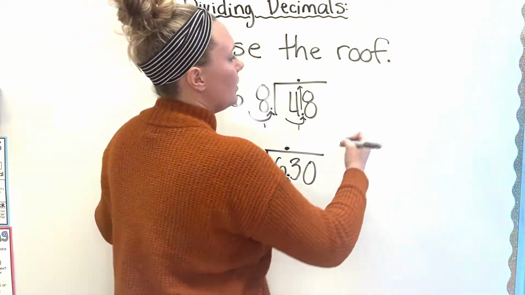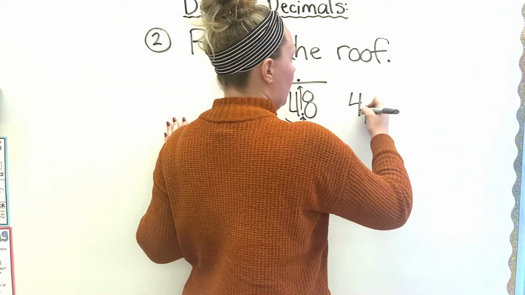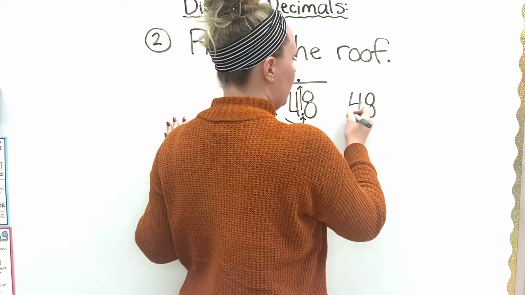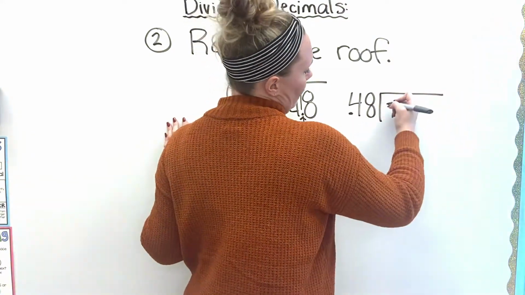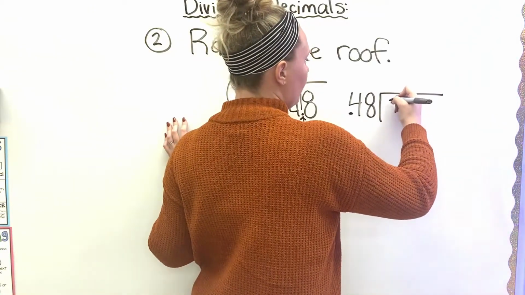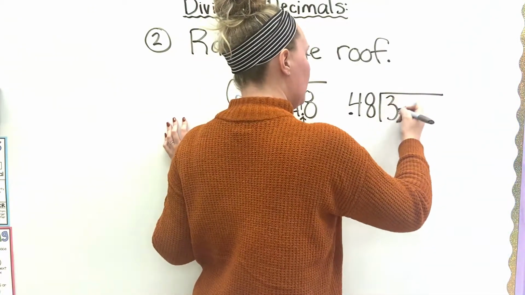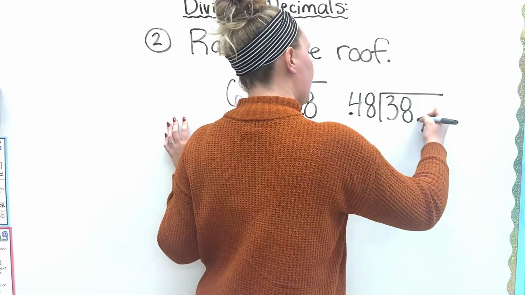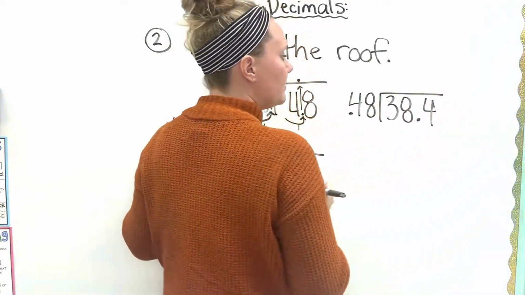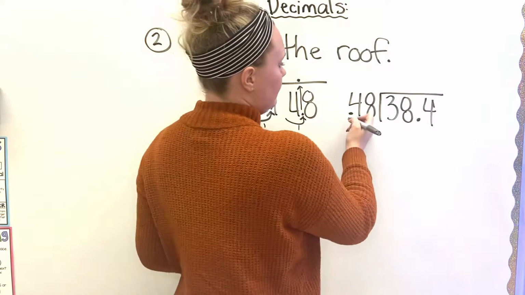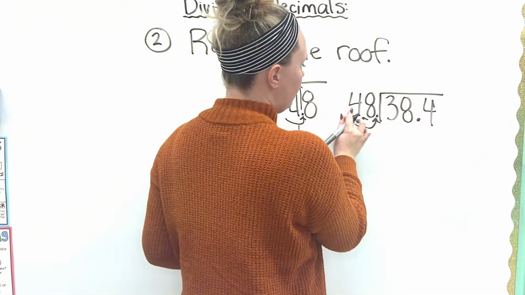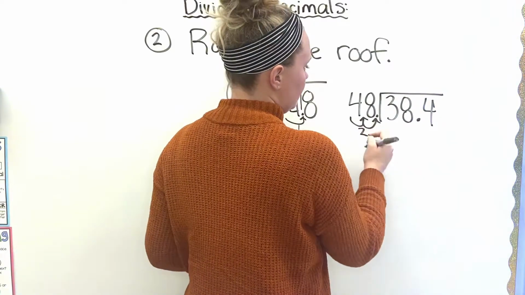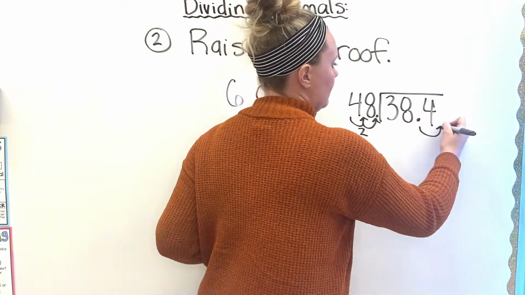Let's do one more. How about 48/100 as your divisor, and let's say you got 38 and 4/10 as your dividend. Let's say you make it legal, you jump twice to get it at the back, so you're going to have to jump twice.